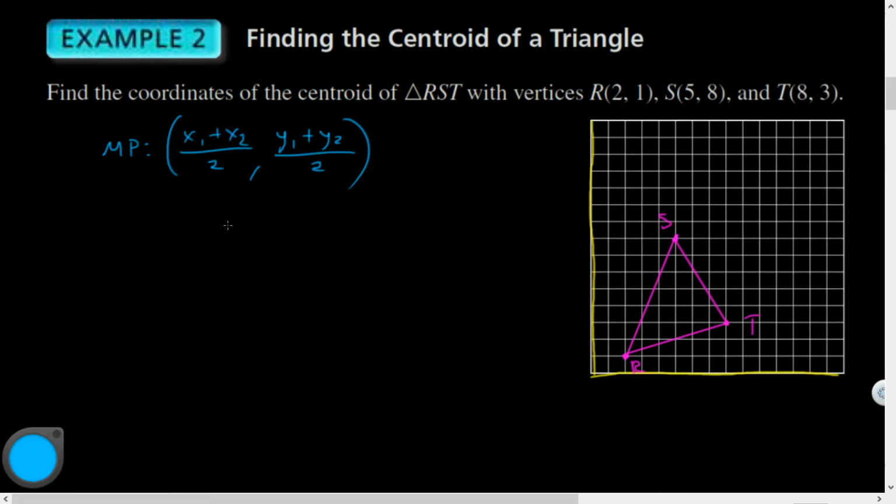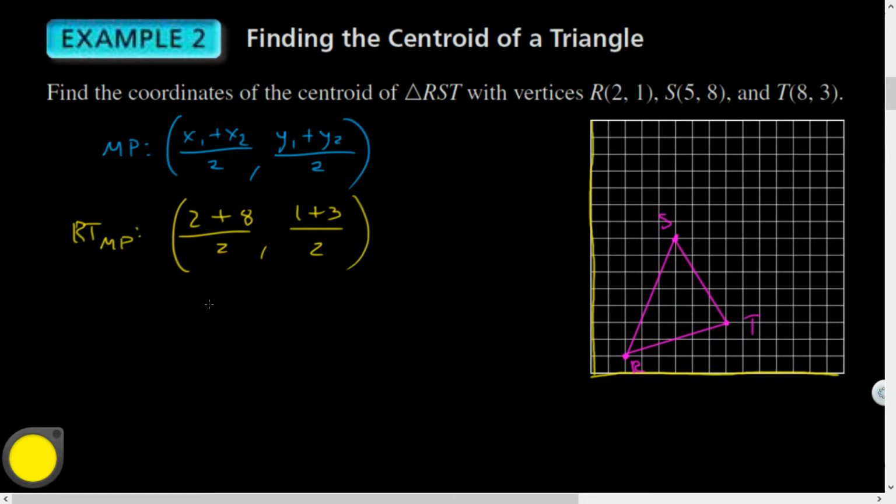Let's find the midpoint of RT, because it looks like this might conveniently be a vertical line for that median. So, RT midpoint: 2 plus T's x coordinate 8, divided by 2. The y coordinates 1 and 3 added together, divided by 2, right?